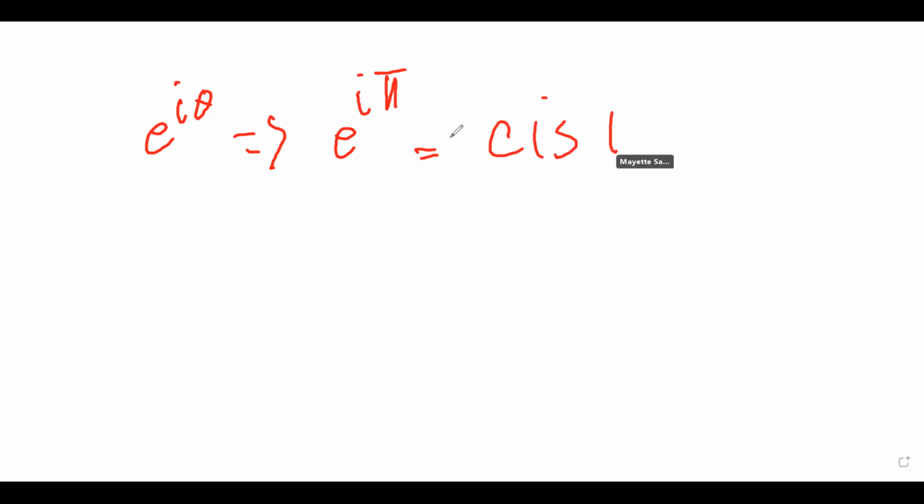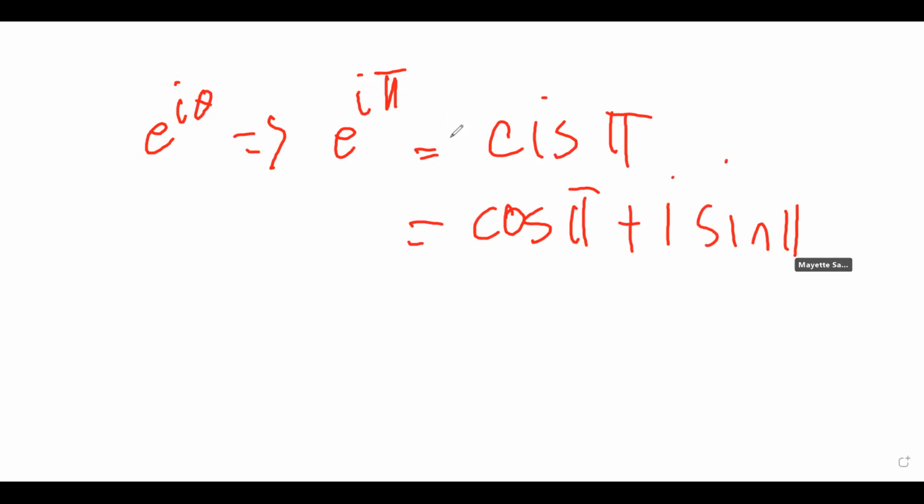So what does that mean? Take e^(i pi), where theta is equal to the angle pi. This is equivalent to cis of pi, or cosine of pi plus i sine of pi. Now, cosine pi is equal to -1, plus i times sine pi, which is 0.